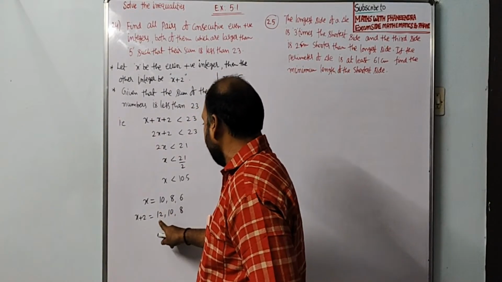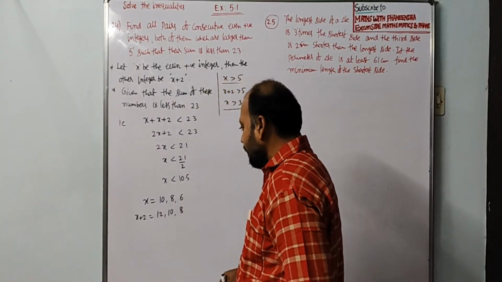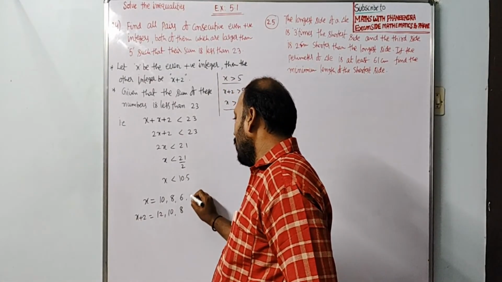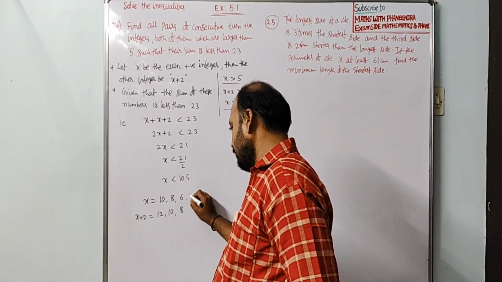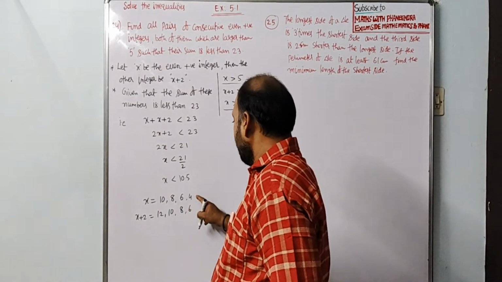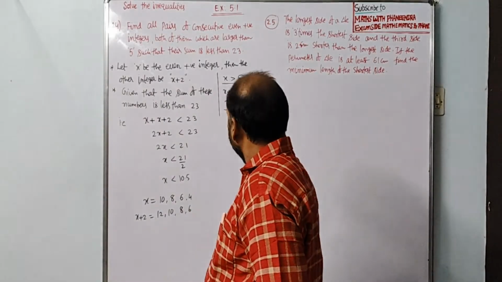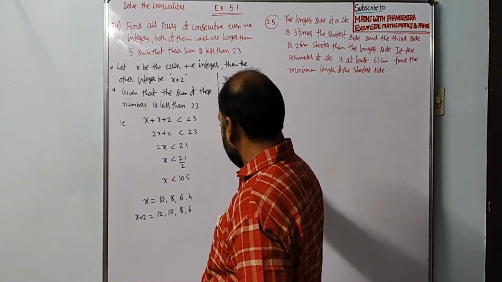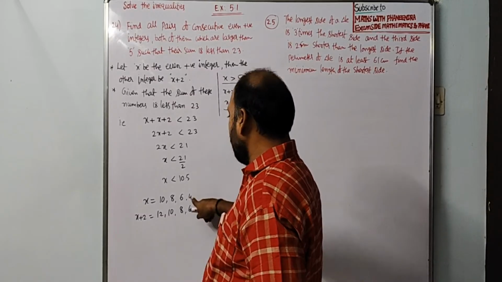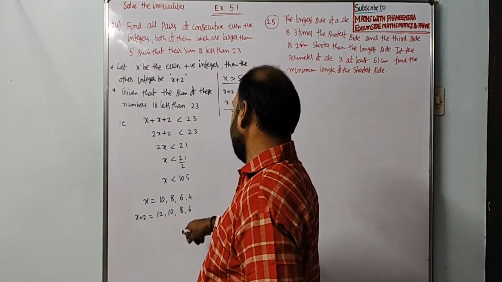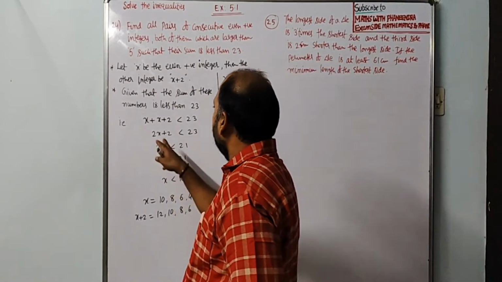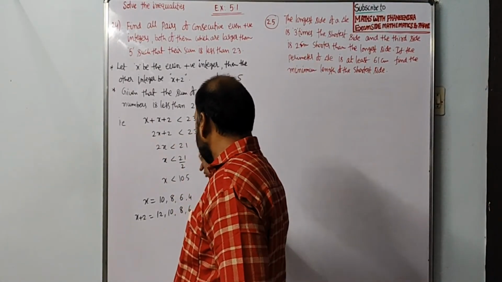Suppose if we take x as 4, this will become 6. And x is greater than 3 also they are taking now. Greater than 3 means 4 will come. So 4 plus 2, 6. So among these pairs, the sum of these numbers should be less than 23.